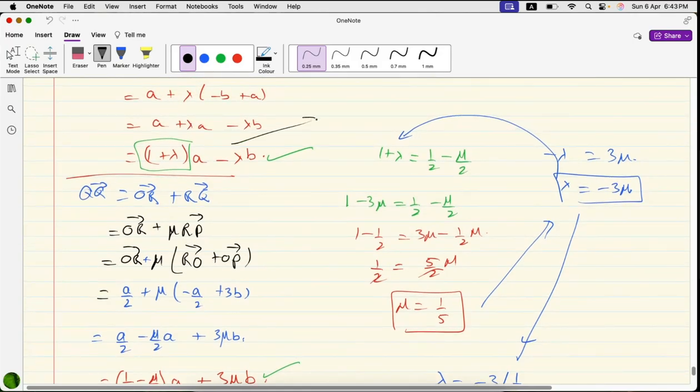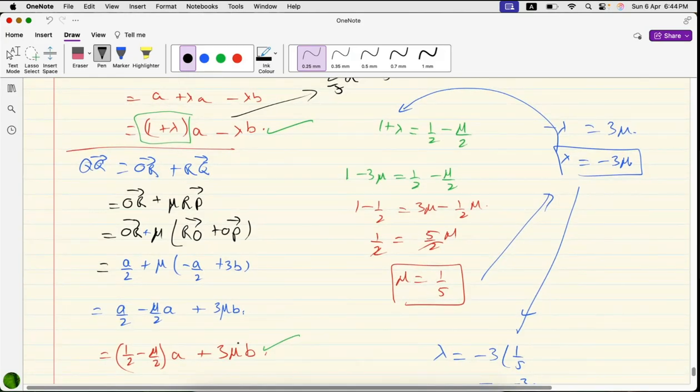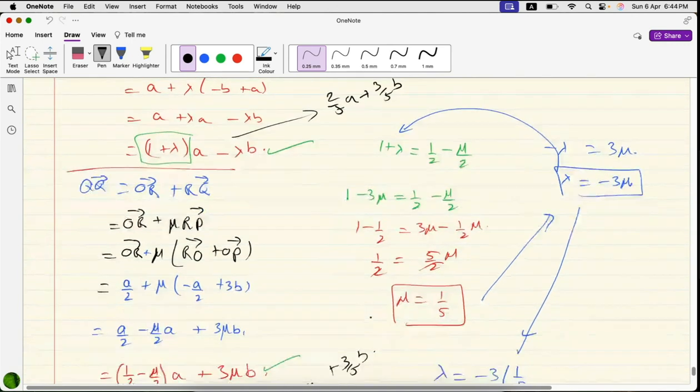So if I just plug it back, 1 minus 3 by 5, I'm getting 2 by 5 of A, and minus minus is plus 3 by 5 of B. And for this, where mu is 1 by 5, 1 by 5 divided by 2 is 1 by 10, so 1 by 2 minus 1 by 10 gives 2 by 5 of A, and 3 into mu is 1 by 5, so 3 by 5 of B. We're getting the exact same answer.